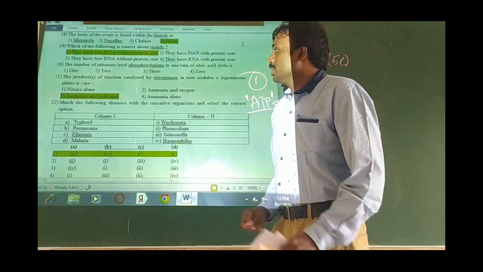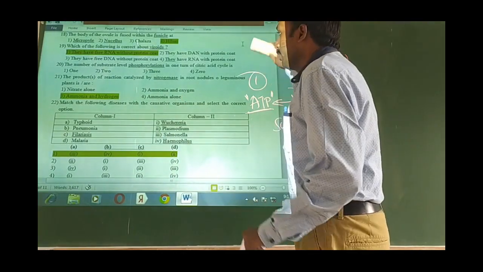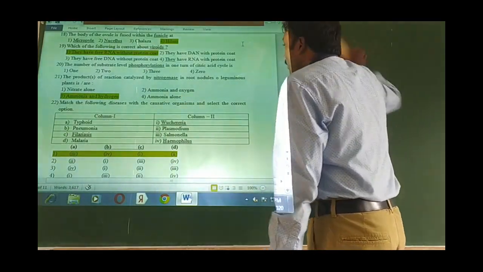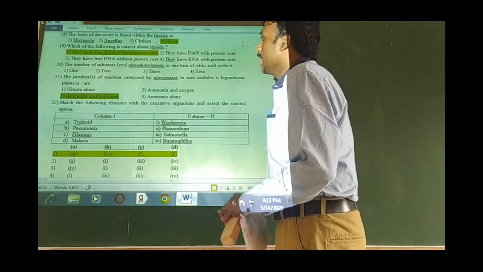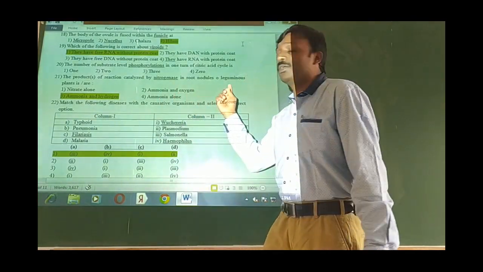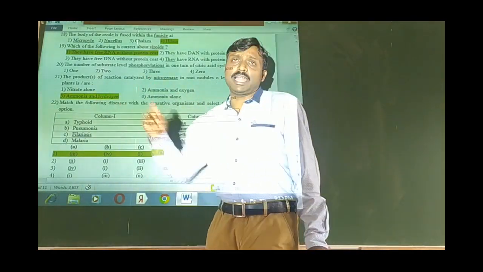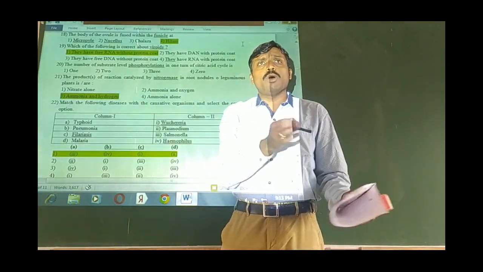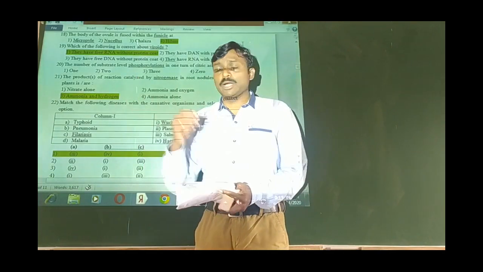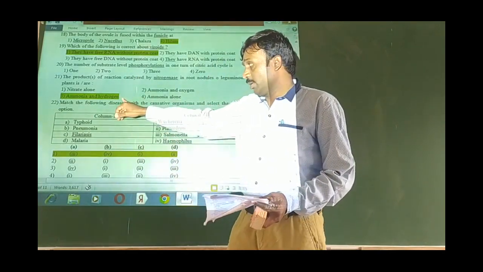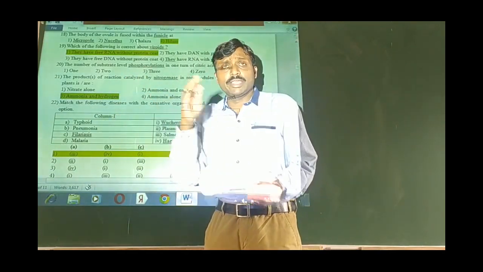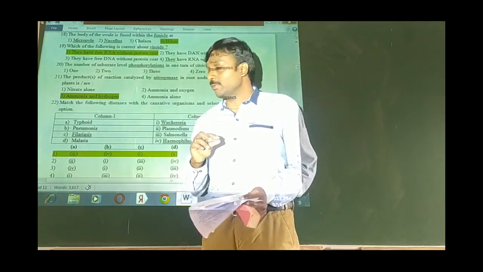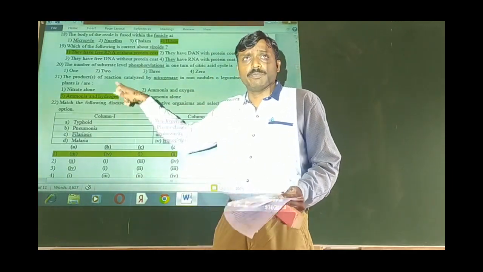This question is from our mineral nutrition chapter. The products of the reaction catalyzed by nitrogenase in root nodules of leguminous plants. When root nodule formation is taking place, what would be the products? If you go through the proper diagram given in the root nodule formation, we can understand clearly.